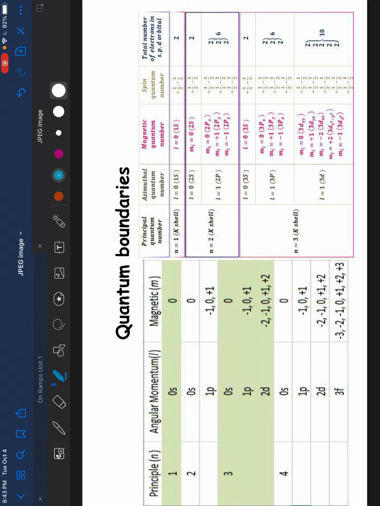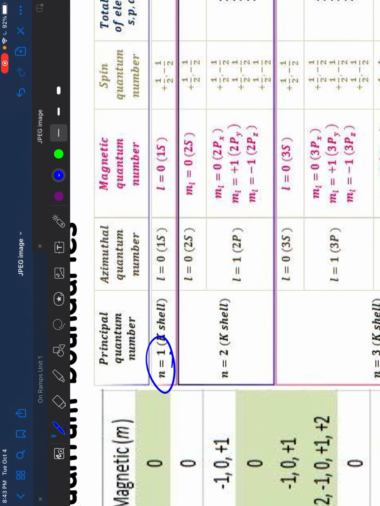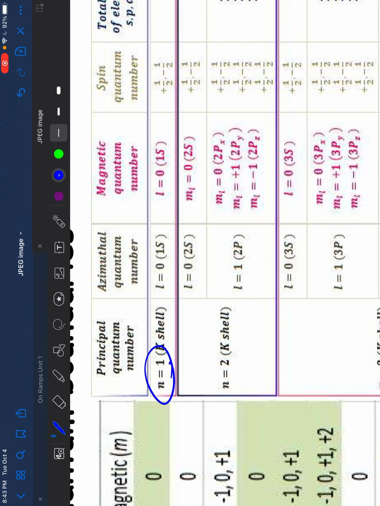So, quantum boundaries. For instance, in n equals 1, we talked about this in the first row, there is only the S block. So in the first row, you only have L equals 0.